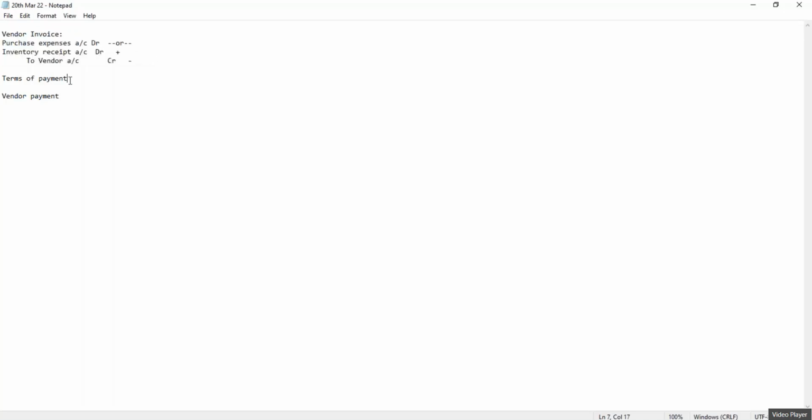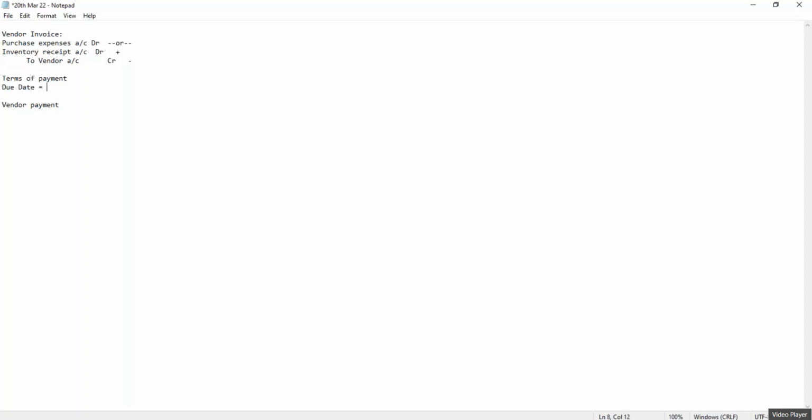Terms of payment means you are doing payment after receiving the invoice copy. There is a time gap between invoice and payment, which is terms of payment. The payment day is called due date.